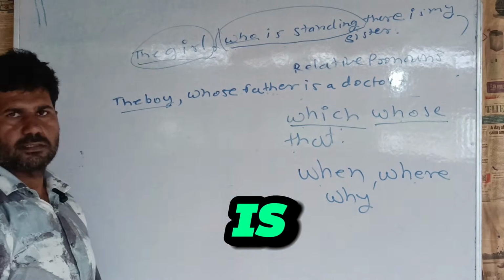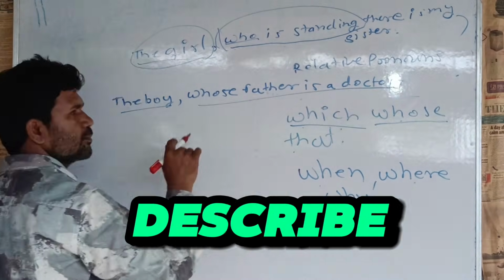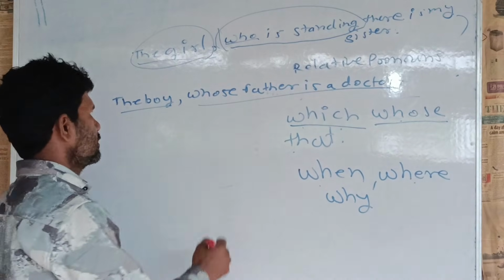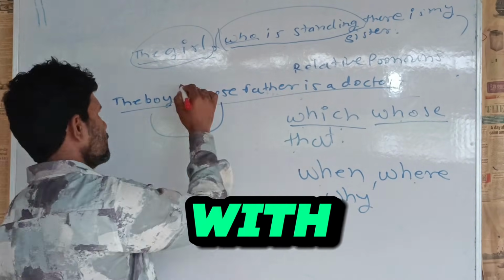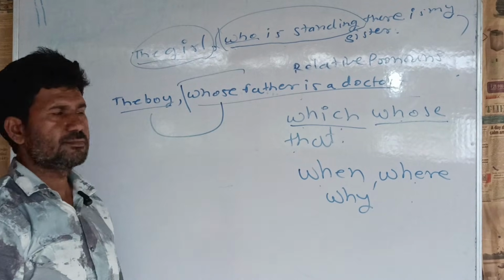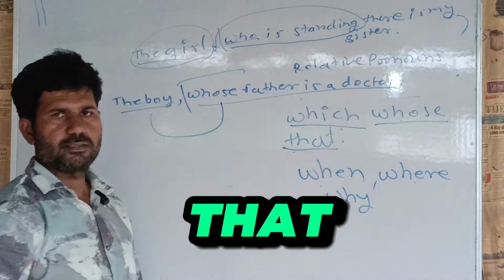The boy is the subject of the sentence. Whose father is a doctor describes that boy. And the clause starts with the relative word whose. And remaining is only one word, that.